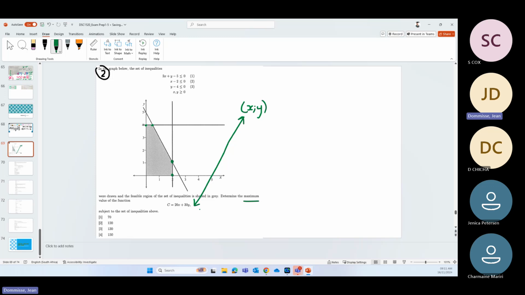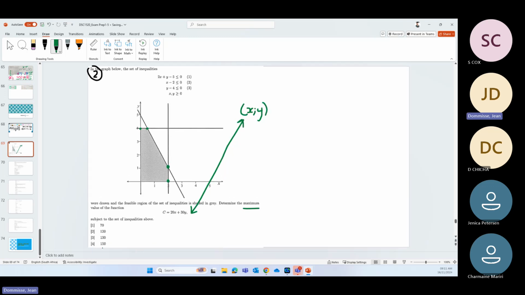Okay, it might work out that the maximum is 150, but don't be fooled by the number 150 being the biggest, that it must now be the maximum. So just be careful with that one. It's not because 150 is the biggest that it will suddenly be the maximum number.